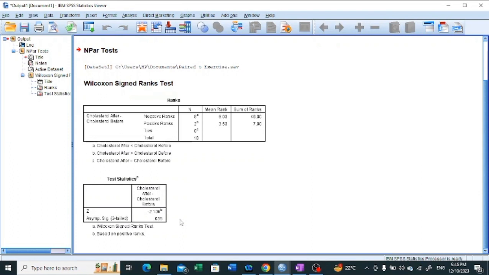Over here, why is it indicating right tail even though the sign with this statistic is mentioned as negative? If you look at the order in which the software has considered the data, it has taken cholesterol level after first and cholesterol level before second in order. So it has changed the order of the data on its own.